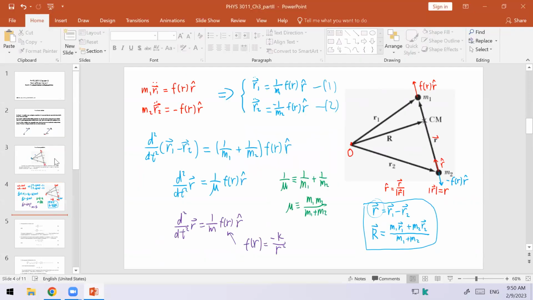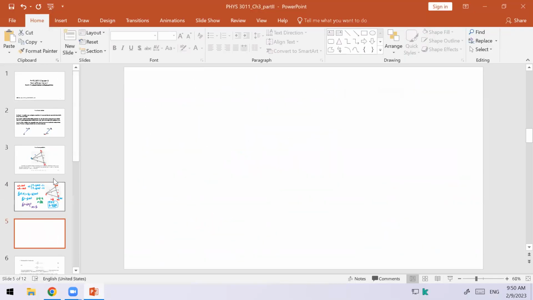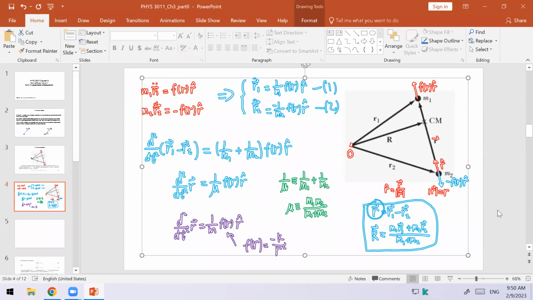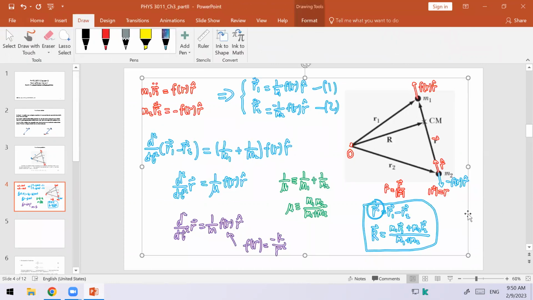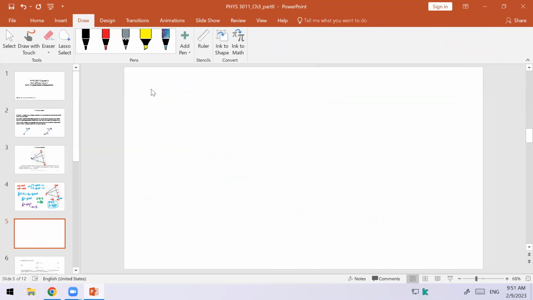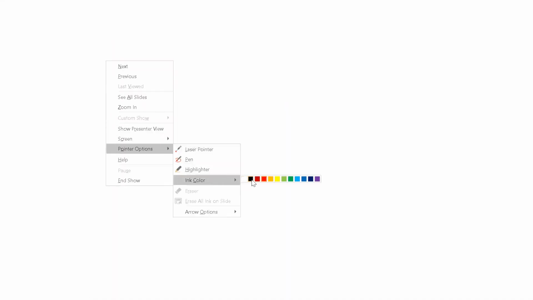I'm running out of space, but if I take these two equations, I'll be able to say directly that I can express this R1 and R2 in terms of capital R and small r.